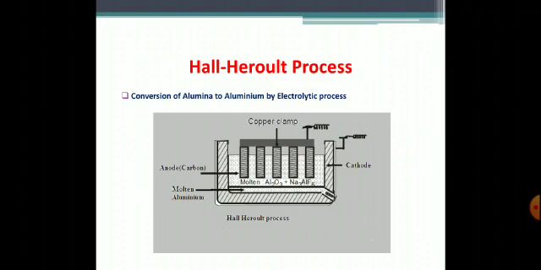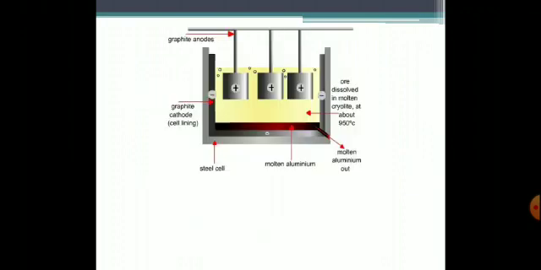It is an electrolytic process, so we need anode and cathode. Here the cathode is the iron vessel which is lined with carbon on the inner surface. The anode is the rods of carbon joined by copper clamp.